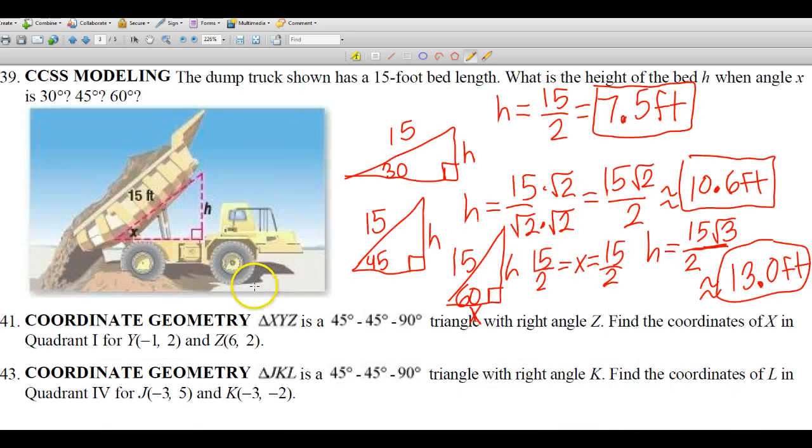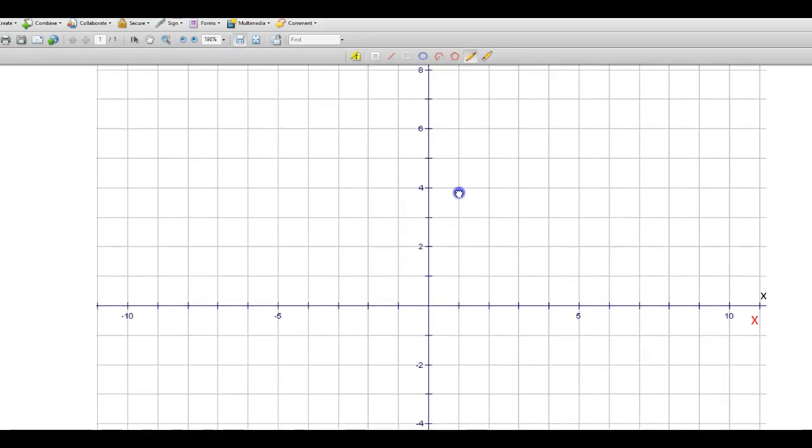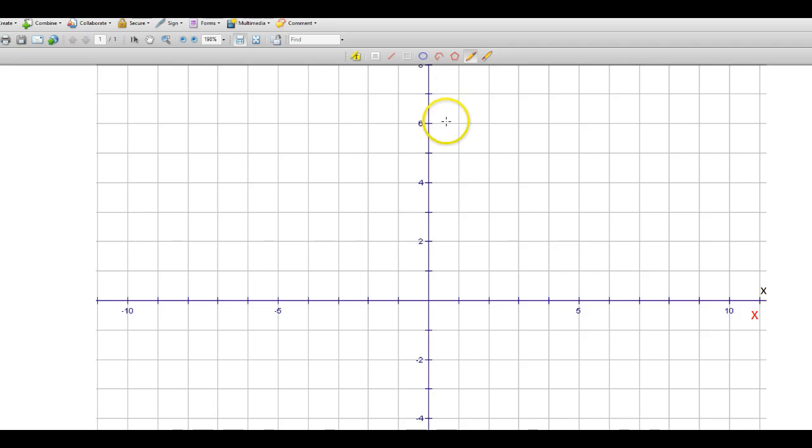For 43, triangle JKL is a 45, 45, 90 triangle with right angle K. Find the coordinates of L in quadrant 4 for J, -3, 5, and K, -3, -2. So we'll go to our graph and plot those points. So J is at -3, 5.